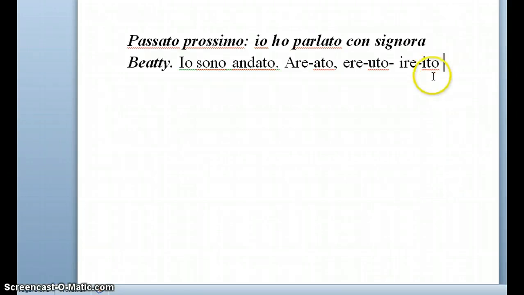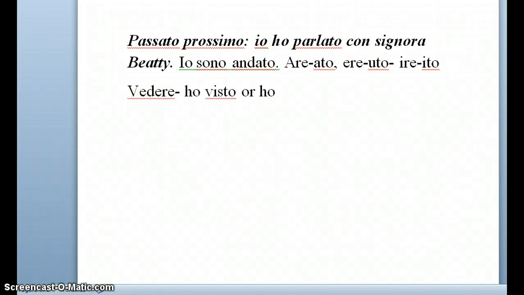But when you get through that, there are going to be irregulars. Generally speaking, most of the irregulars that you're ever going to use are going to be like vedere, which could be ho visto or ho veduto. Or you're basically just going to be able to understand that, like, mettere is messo.